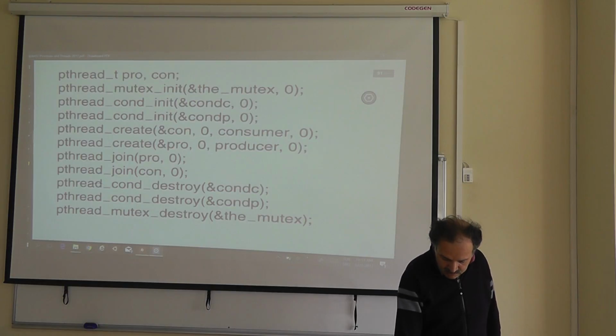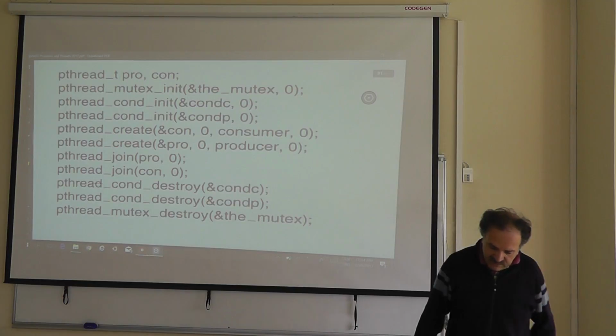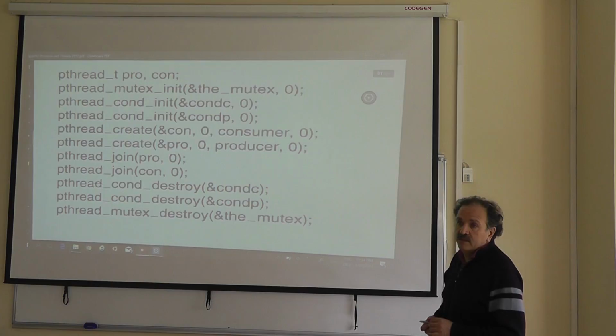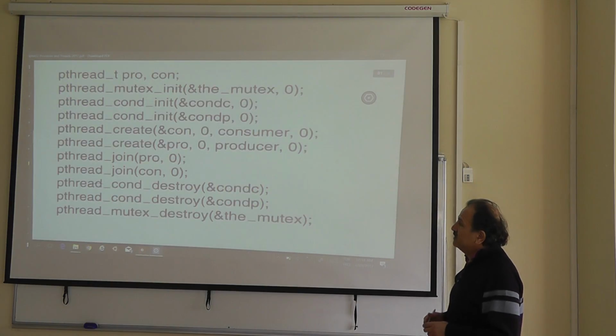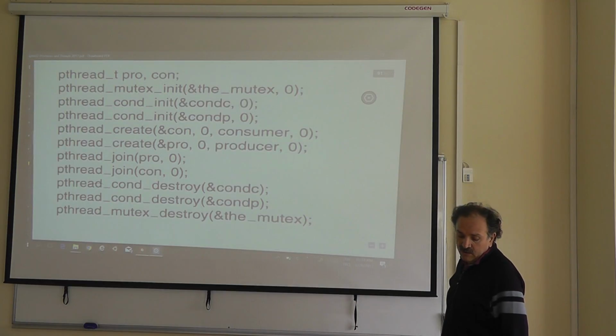And what are these two? What is Pthread join? I will wait. This line, I will wait for the producer thread to finish its job, and I will wait for the consumer thread to finish its job, right?